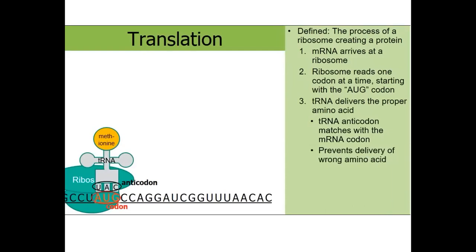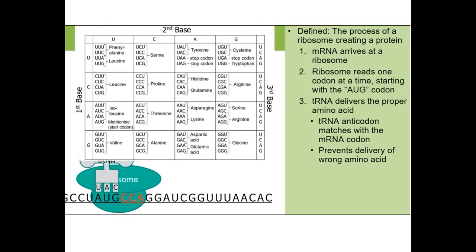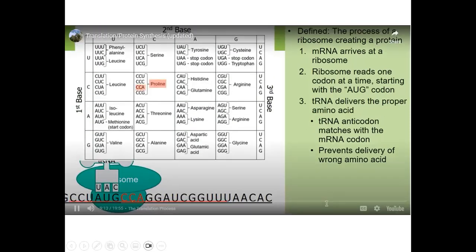This is the safety method that prevents the delivery of the wrong amino acid. The anticodon and the codon match. And because they match, that is the chemical signal that we have the proper amino acid. So now the ribosome will move to the next codon, highlighted red, CCA. The ribosome has moved to the next codon. Well, we get out the chart. We find CCA on the chart.